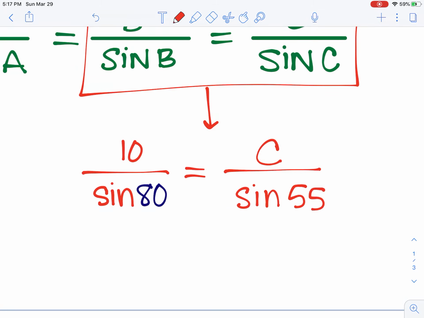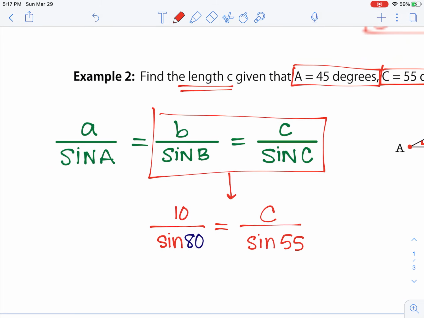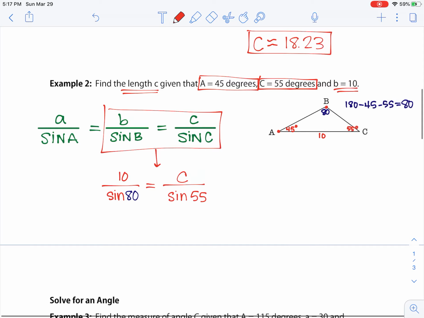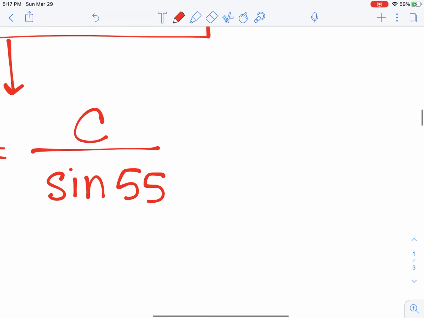After you've done your substitution step, there should only be one variable left. So this one's a little trickier because we're given pieces of several of our law of sines ratios. So we have to make sure we can find a whole set to set equal to the set where we're trying to solve. All right, so this gets us to our cross multiplying step.